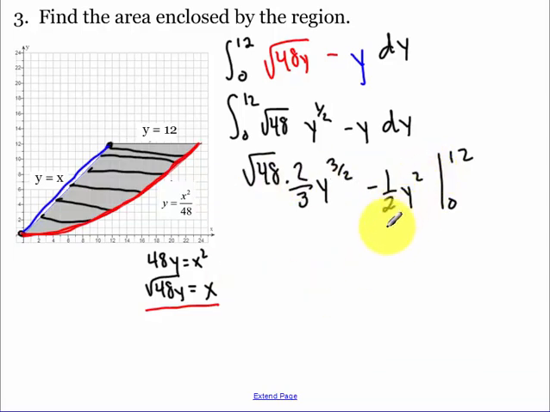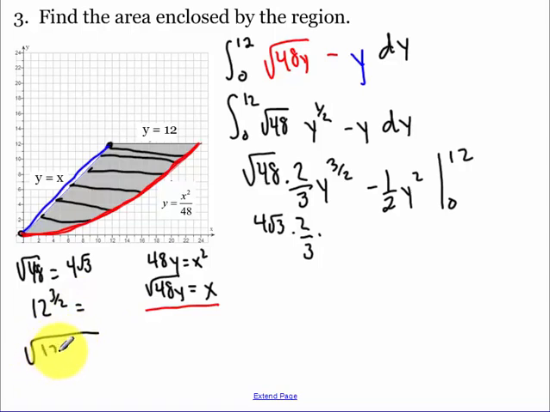Now, this gets into a bunch of algebra, okay? The square root of 48 can be broken down into 4 root 3. So that becomes 4 root 3 times 2/3 times 12 to the 3/2 power. So 12 to the 3/2 power becomes basically the square root of 12 three times.